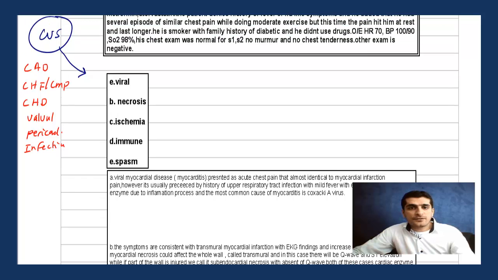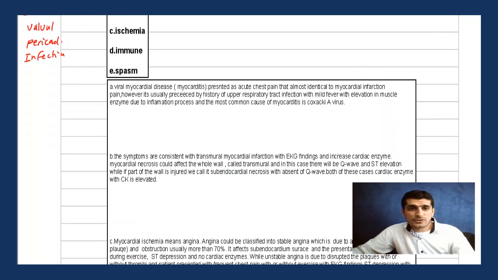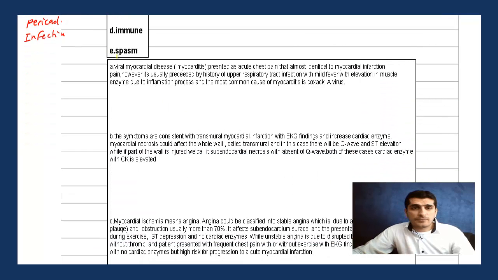The answers, first he's talking about the viral, and when he's talking about the viral, I think the only problem with viral heart disease is that you could say either viral pericarditis or viral myocarditis. Although maybe it's not really specific, here in the question he was talking about viral myocarditis, which is one of the common causes of myocarditis, which is Coxsackie A virus.